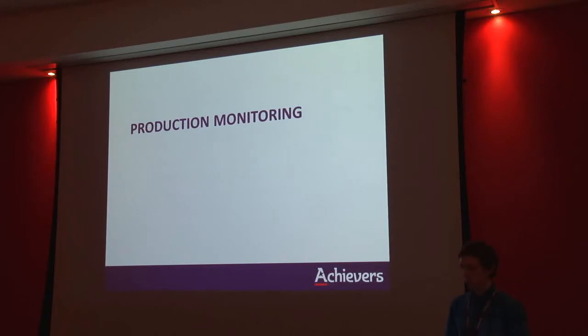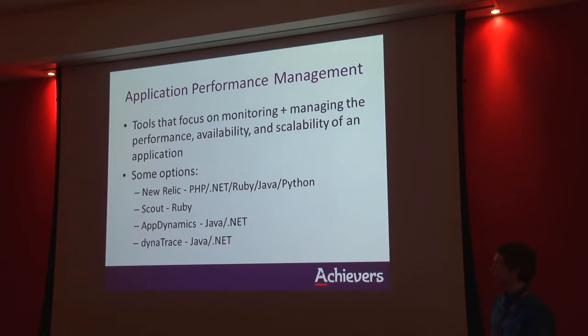But we're going to look at a suite of tools that basically are centered around profiling your application as it runs and letting you know if there are performance or scalability issues. The fancy name for this set of tools is Application Performance Management, or APM. And they basically combine profiling the guts of your application as it runs with diagnosing and flagging issues that might impact your performance or availability.